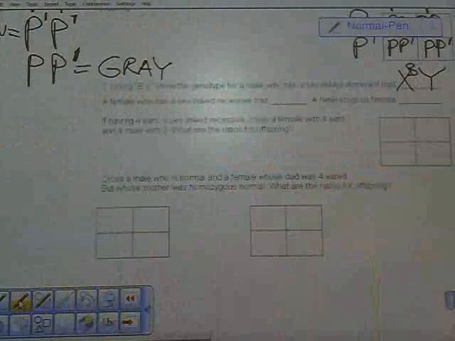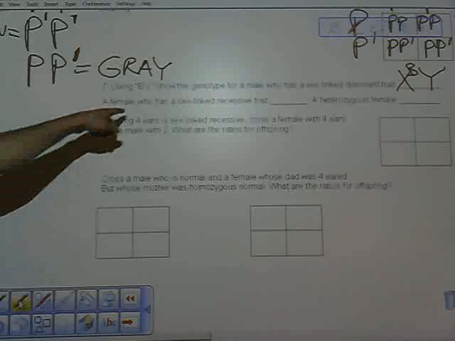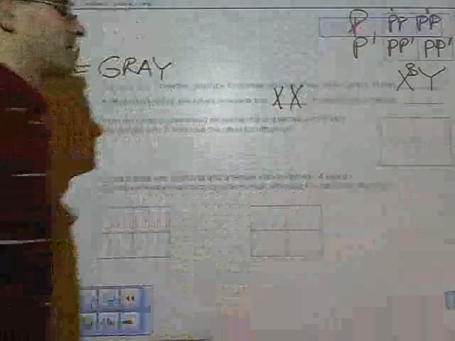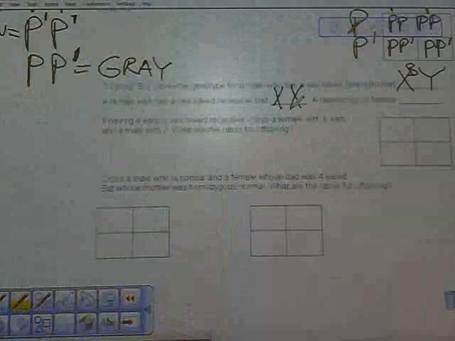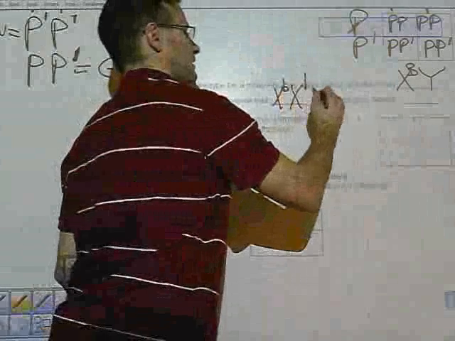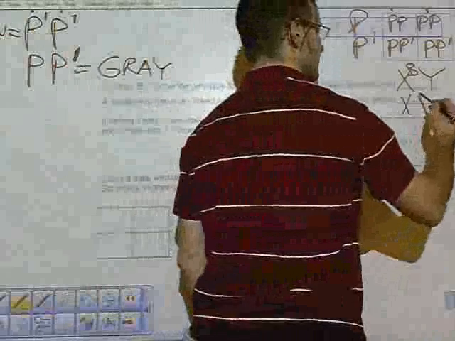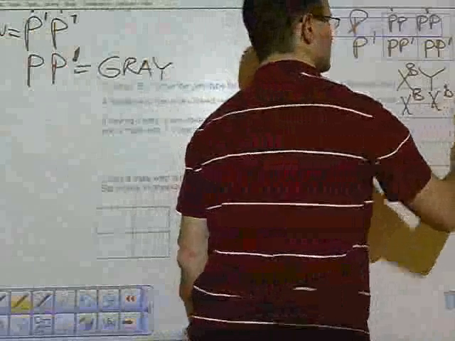Sex-linked dominant, meaning it's a capital B. So X with a big B superscript and a Y. A female who has a sex-linked recessive trait: females have 2 X's, and since it is a recessive trait, that means she has to have both recessive X's, meaning X little b, X little b. A heterozygous female, just like in Mendelian genetics, would be one of each. So we have X big B, X little b.